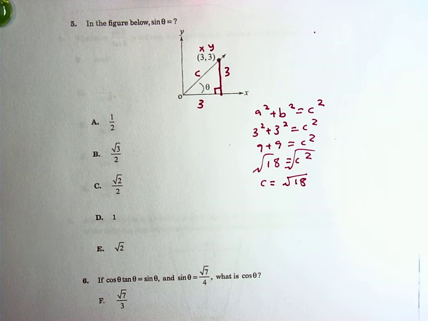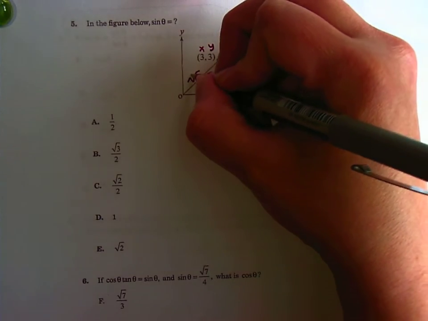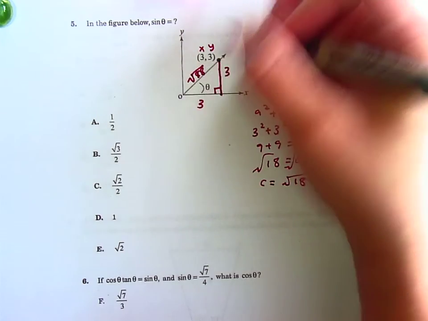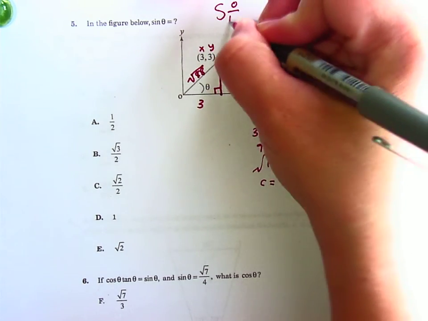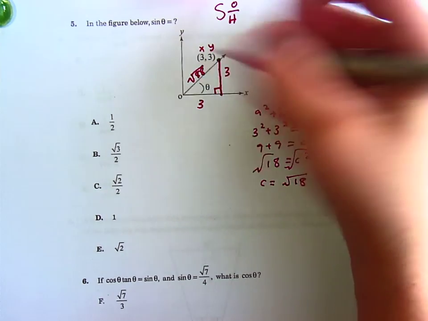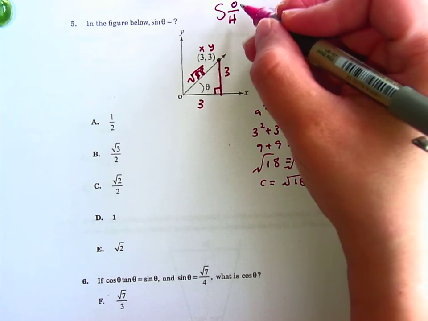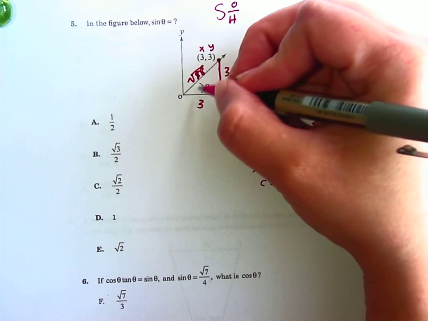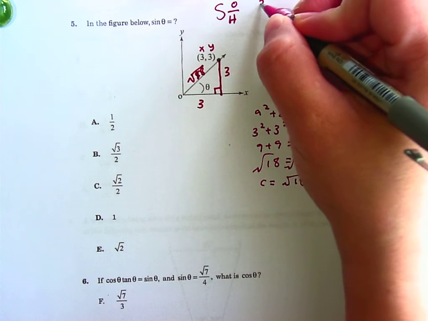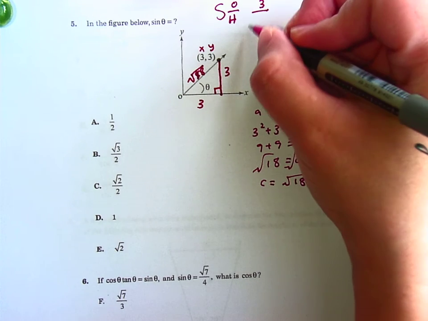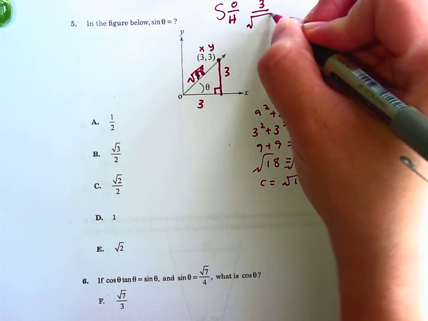Now, if this side is the square root of 18, we have to do opposite and hypotenuse. The opposite side is opposite of this angle right here that they mentioned. So that's 3 on top, and on the bottom is the square root of 18.